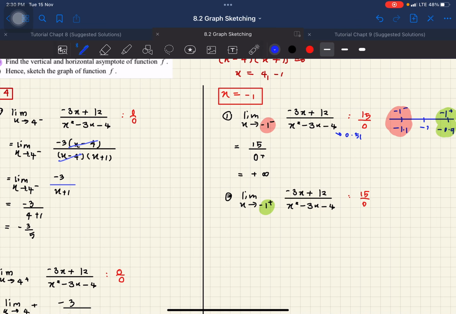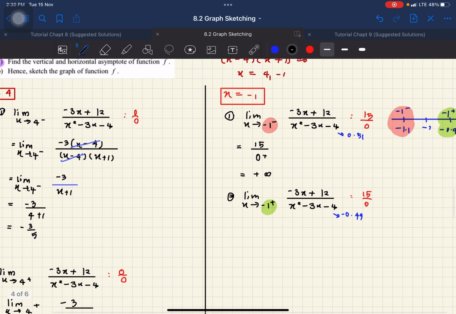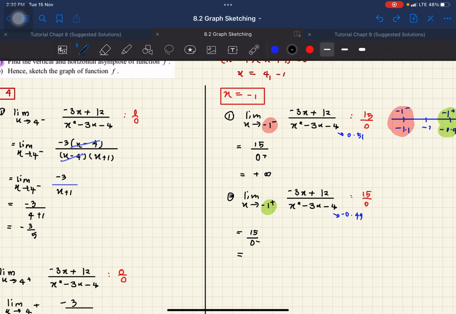Okay, so what you will get there is the value of negative 0.49. Okay, so negative 0.49 is a 0 negative. So it means here you have 15 divided by a 0 negative. 15 divided by a negative number means negative infinity.